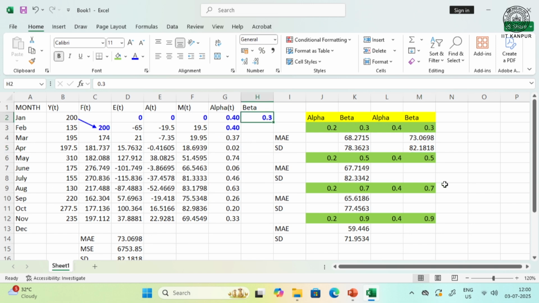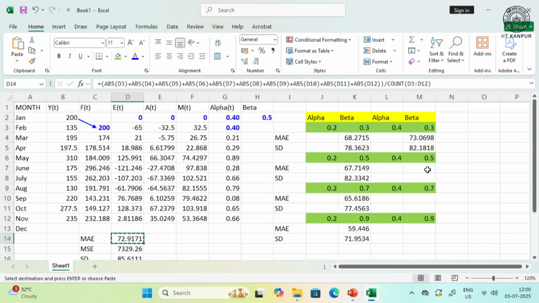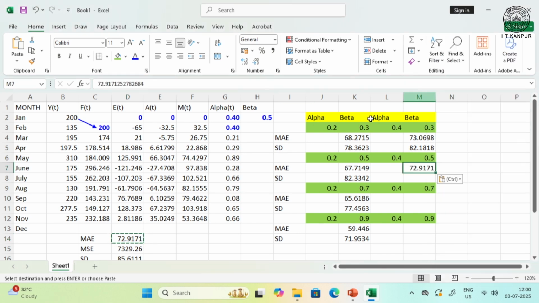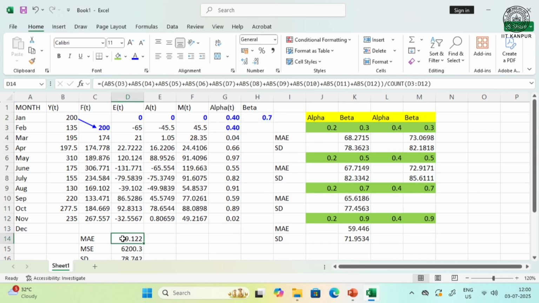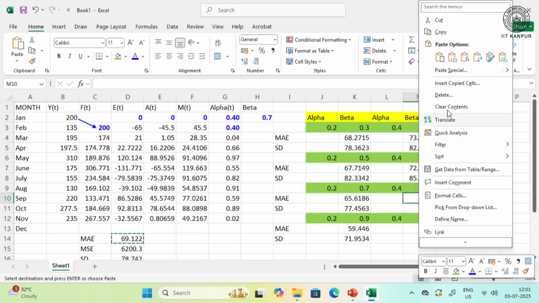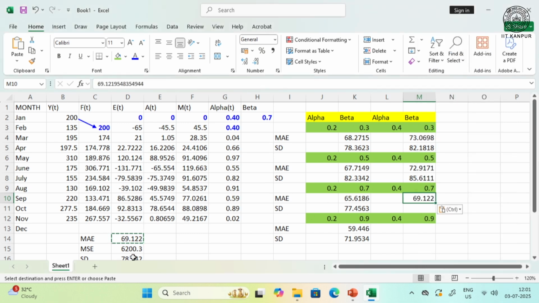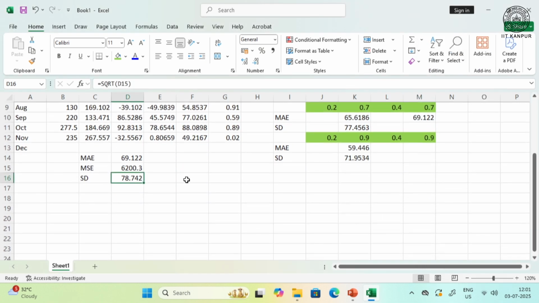For beta 0.5, mean absolute is this, 72 and it is 85. So 0.7, mean absolute is 69. Oh, I think I have not copy pasted the number.